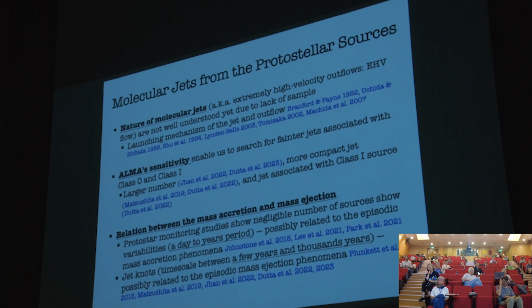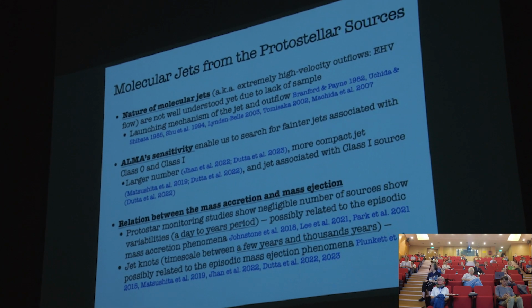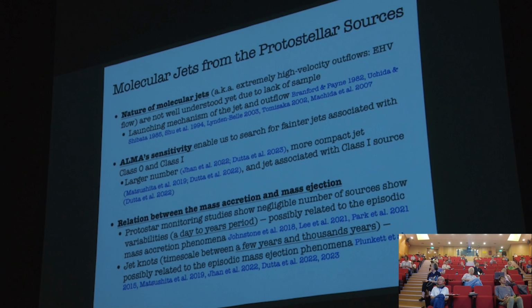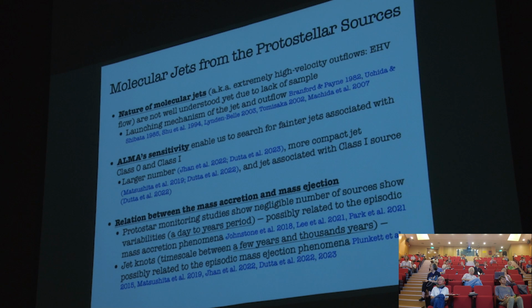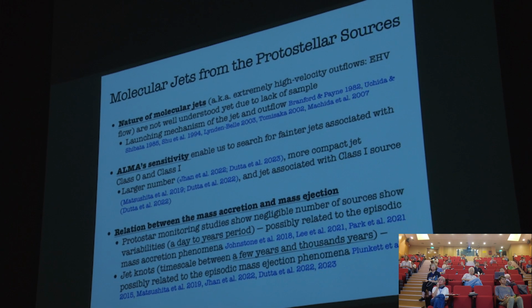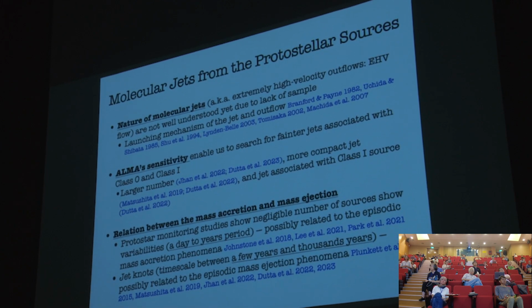On the other hand, theoreticians are discussing the physics of the jet a lot, so we have to feed in more observational data to better understand the molecular jet. With the ALMA sensitivity improvement, we can finally search for fainter jets associated with protostellar sources. As presented in a very nice seminar, there are also protostar monitoring studies, which are more related to the accretion side.